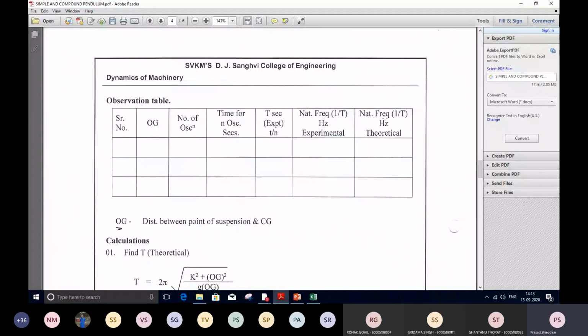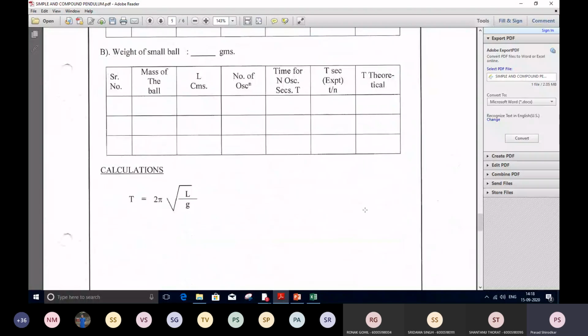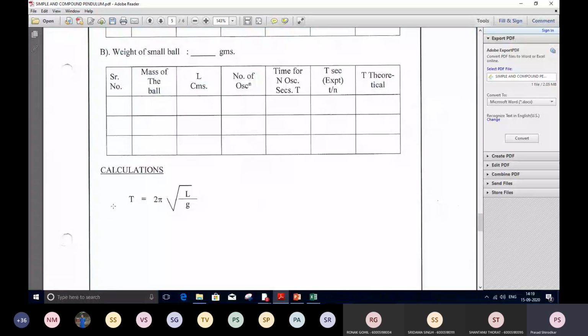That is reciprocal of natural frequency. Using that, substitute the value of that T in this expression. Alright, so only unknown in this case is L. So find L for the corresponding time from the compound pendulum.